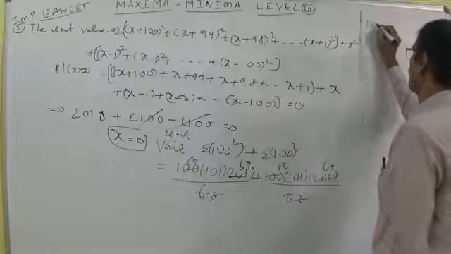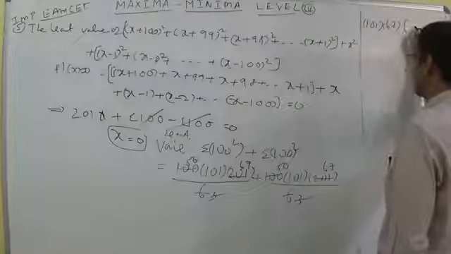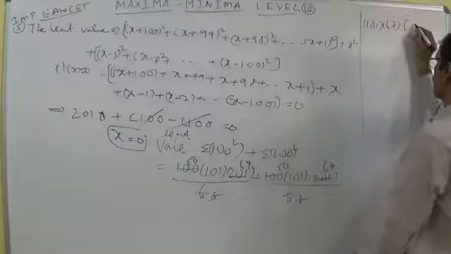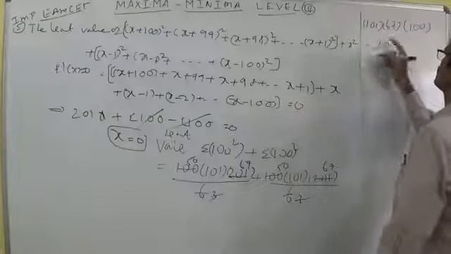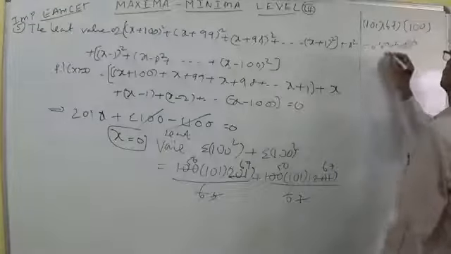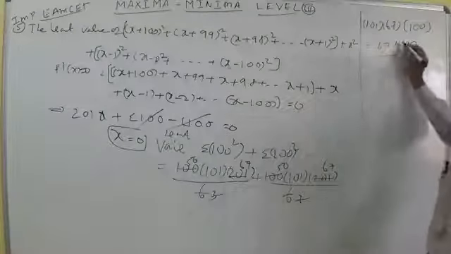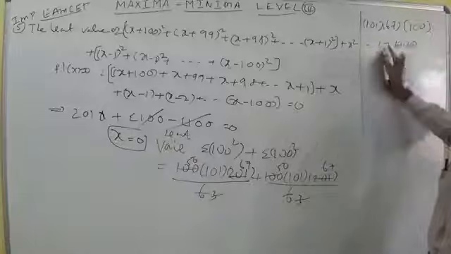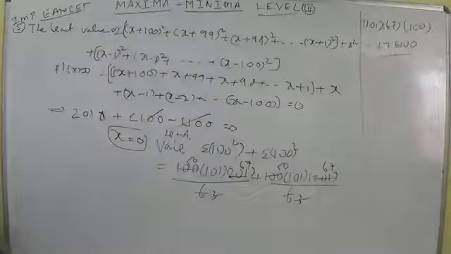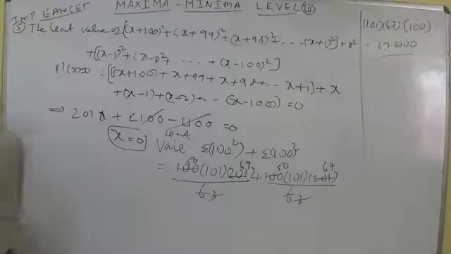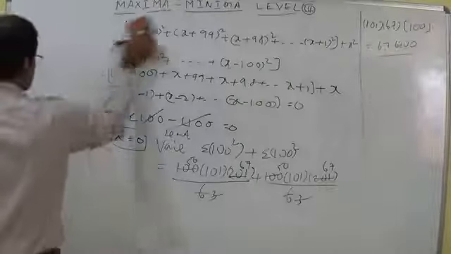If we take common 101 into 67, we get 50 plus 50 equal to 100. So 67, 67600. 6700 is the answer. Completed fifth question. Now let us discuss the sixth question.